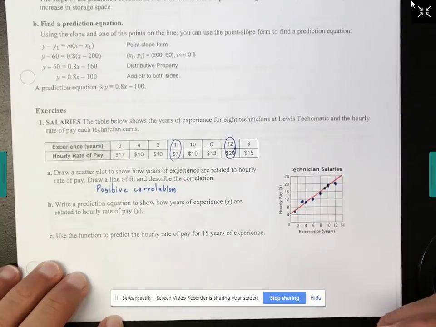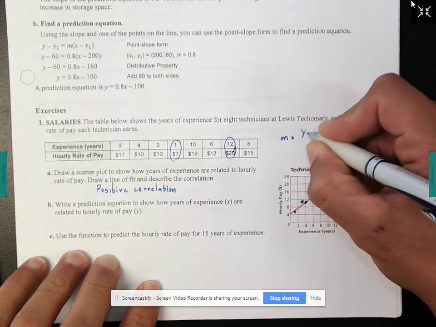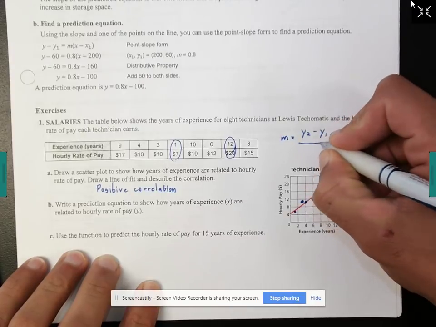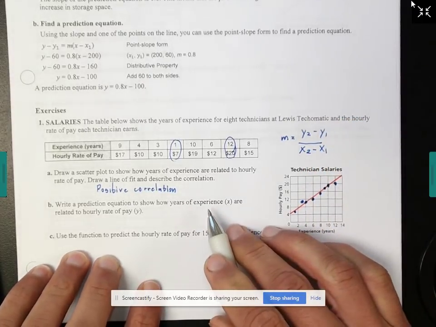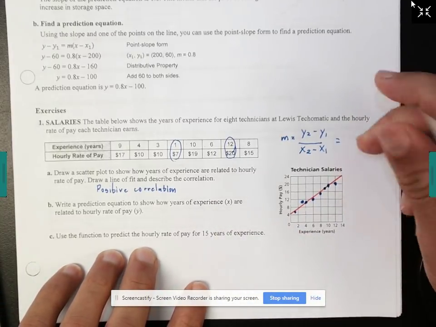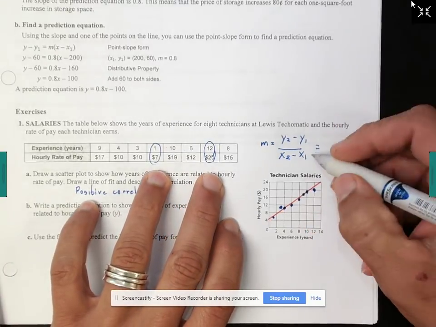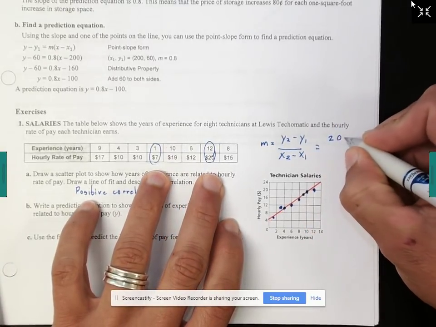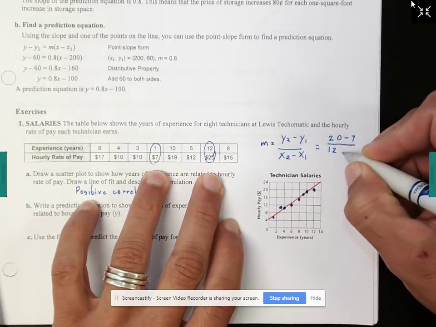And I'm going to use the slope formula. And remember, the slope formula was this: y sub 2 minus y sub 1 over x sub 2 minus x sub 1. So that's what I'm going to do over here. If I do that, let me put it up here. These are my y's, remember? So I'm going to have 20 minus 7, over 12 minus 1.